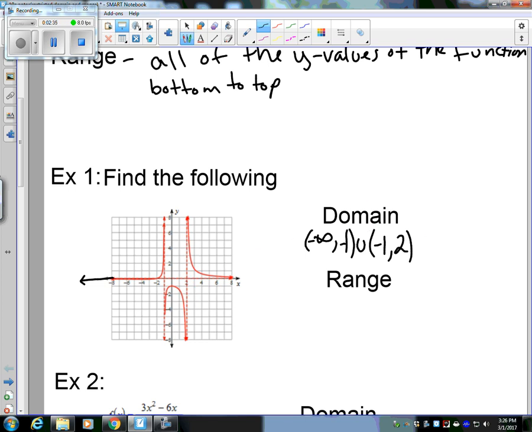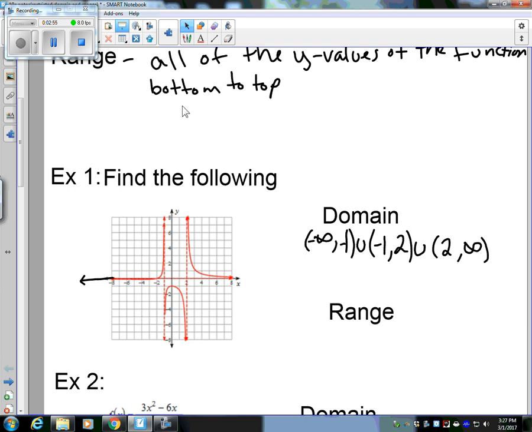And we're going to have one more part to this graph, and that's describing from this asymptote at 2, and it goes to the right forever and ever to infinity. So 2 to infinity. If you don't like writing them like this, there's a different way you can write this. I don't mind if you do this, and a lot of teachers don't mind.